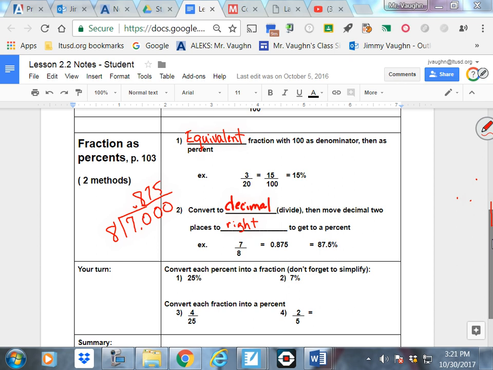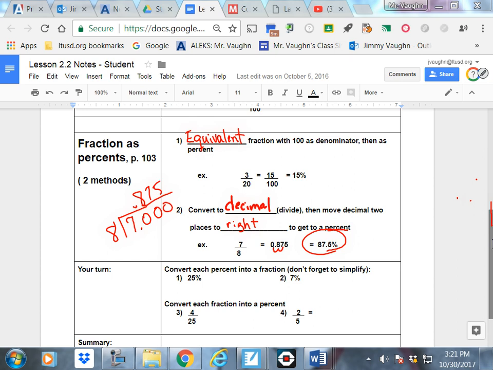So that's a decimal equivalent to the fraction. Now we want to turn that into a percent, so you move it 2 places to the right, and that's 87.5%. You move it 2 places because you're dealing with hundredths, and two places as a decimal is the hundredths place.